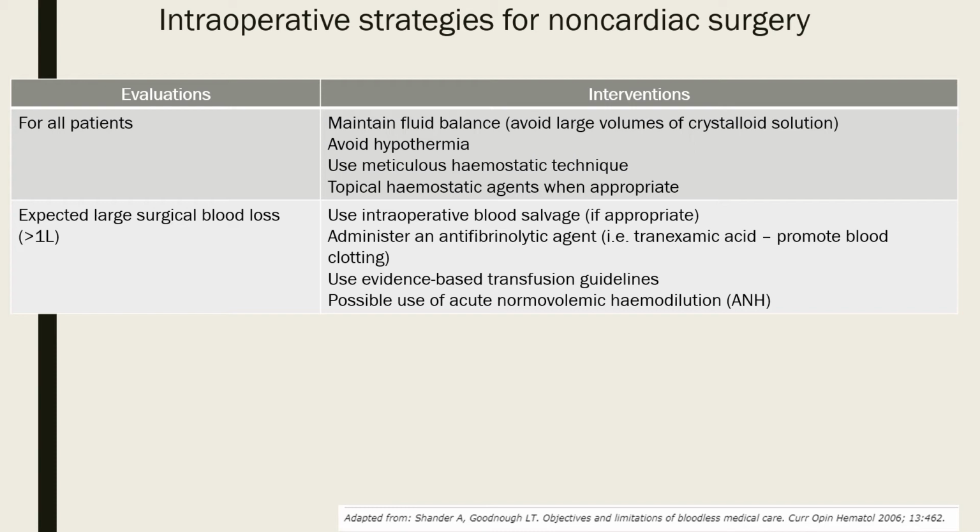Topical hemostatic agent can be used when appropriate. Okay, for surgeries that have an expected blood loss of more than 1 liter, the use of intraoperative blood salvage is recommended if appropriate. By the way, this intervention has also been performed during cardiac surgery at PPU ITM.